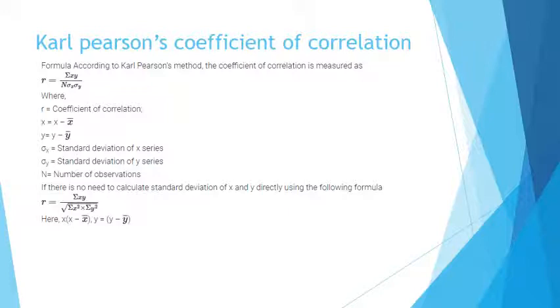A modified version of Karl Pearson formula is given as r is equal to sigma xy upon root sigma x square into sigma y square. In it, there is no need to calculate standard deviation of x and y. Coefficient of correlation is worked out directly using the formula.